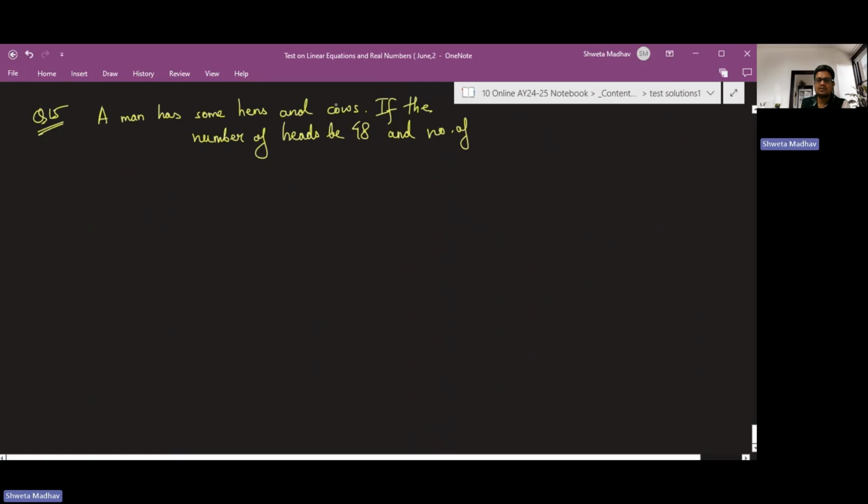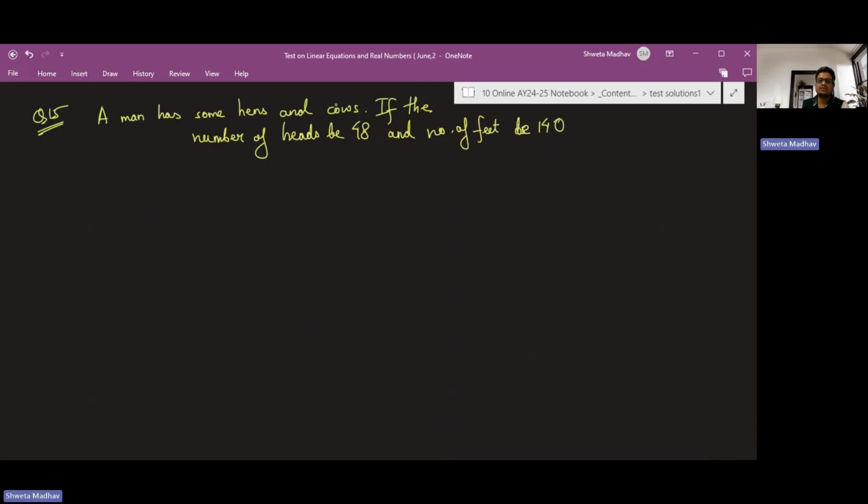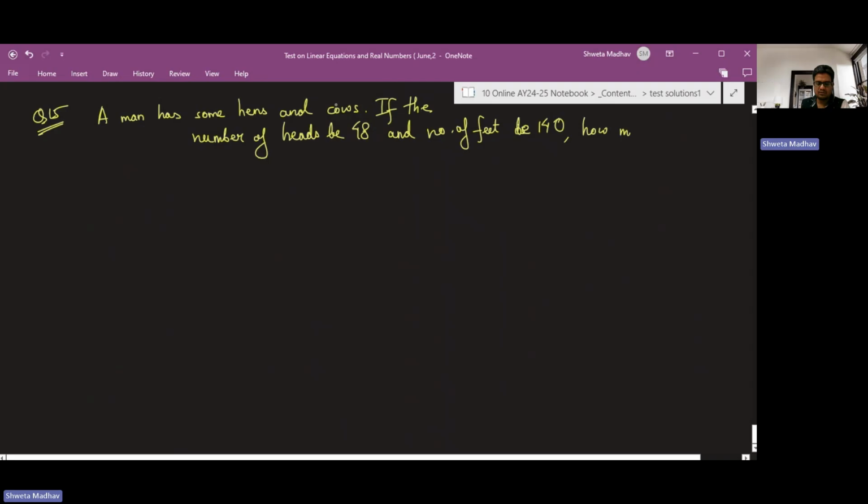If the number of heads be 48 and the number of feet be 140, then how many cows are there?